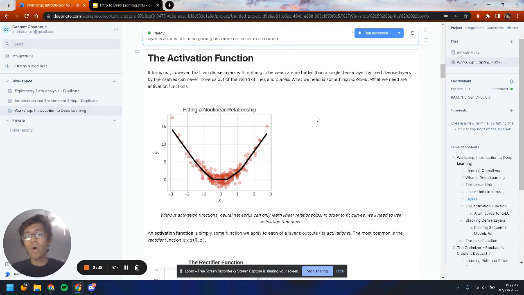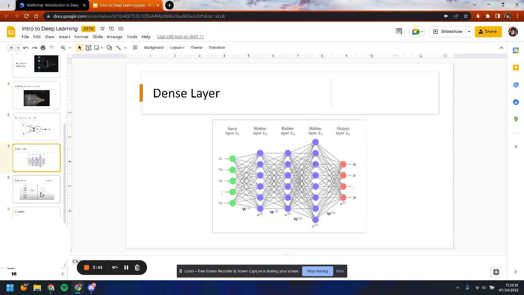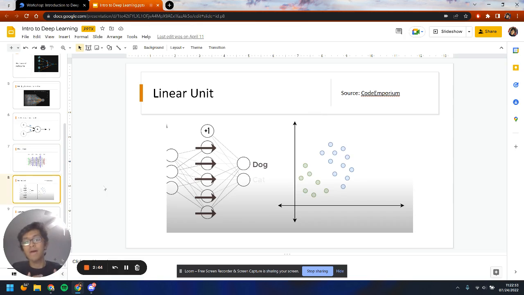To demonstrate why this is, look at this graph. We have this deep learning protocol that has a layer with a bunch of neurons that produces a classification whether the input is either A or B, a cat or dog.